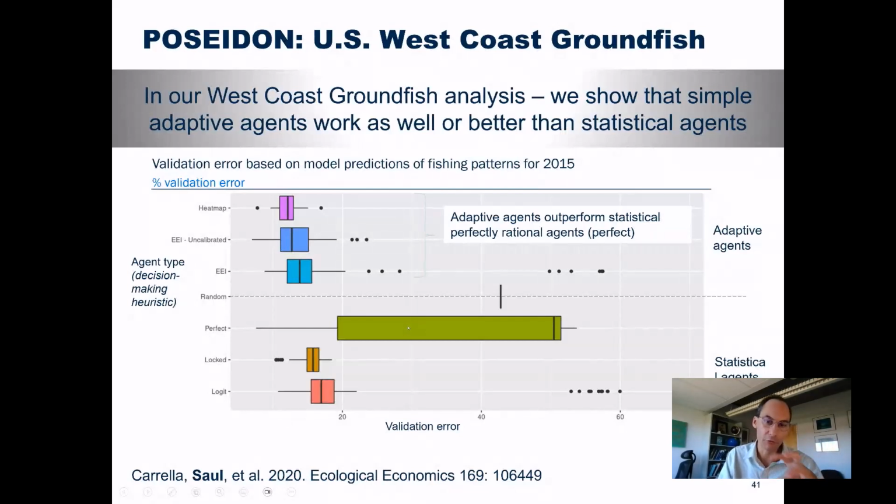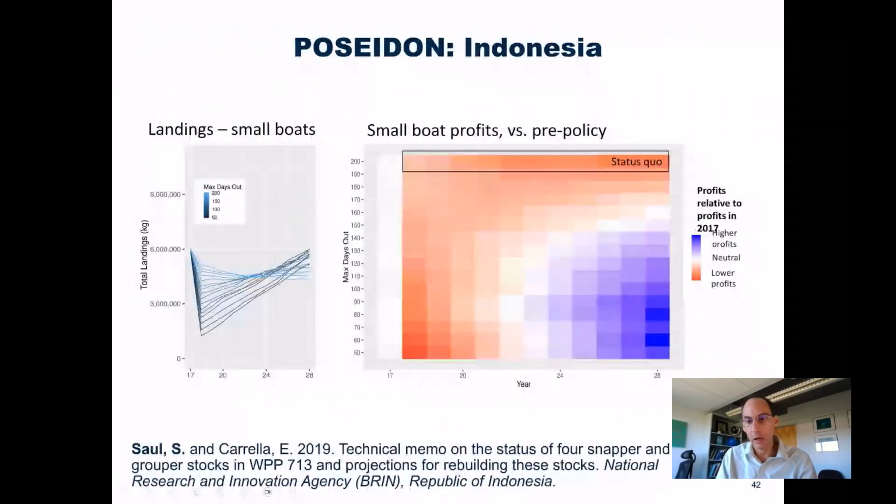So agents that followed strict discrete choice models that were fit to the West Coast groundfish logbook data performed worse, or less realistically, let's say, than agents that had some freedom or autonomy to adapt. We also, for Indonesia, developed some agent-based models to look at the potential policy trade-offs.